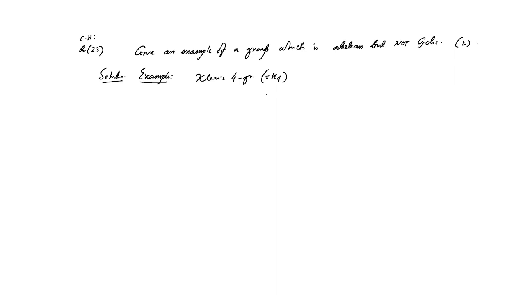So we'll check here that K4 is an abelian group, and it is our observation that there does not exist any x belonging to K4 such that the order of x equals 4. Because we already know the order of A equals the order of B equals the order of C, and that element order is 2.